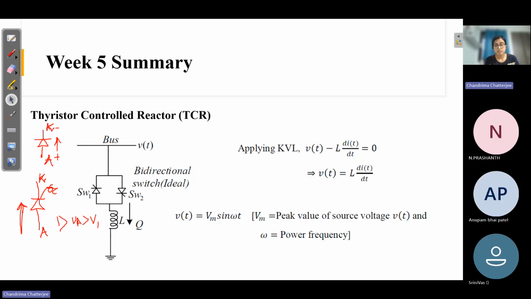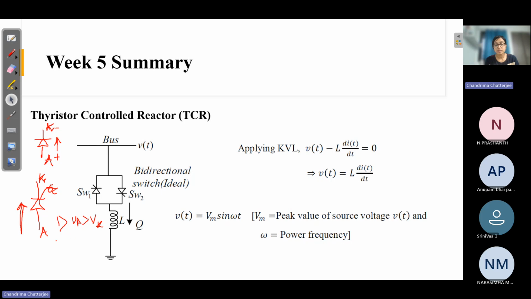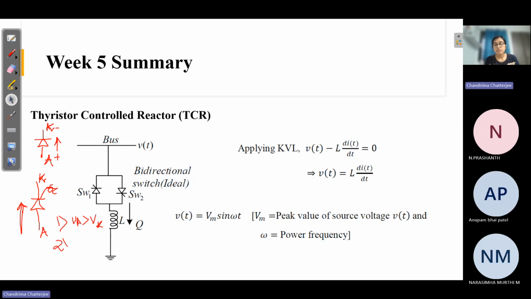The second condition is that the current flowing through the thyristor should be greater than the latching current. There is a current called latching current. If I is greater than IL, then it will be latched to the on state and will remain in the on state. So these are the conditions. And if the thyristor is reverse biased, in that case it will not conduct.